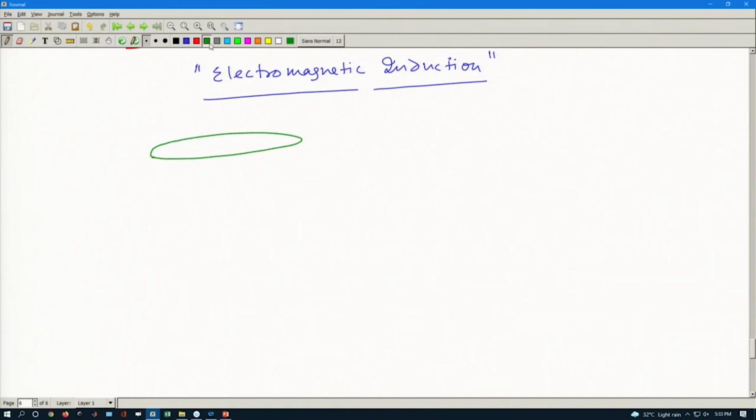Suppose I have a current loop and I have a bar magnet, with poles N and S, and I am pushing the bar magnet through this loop.